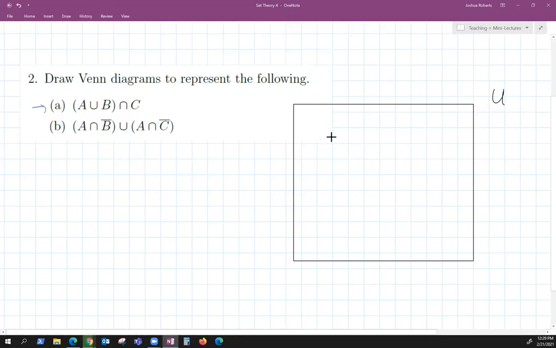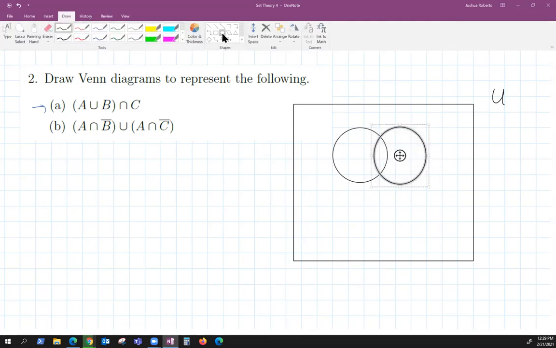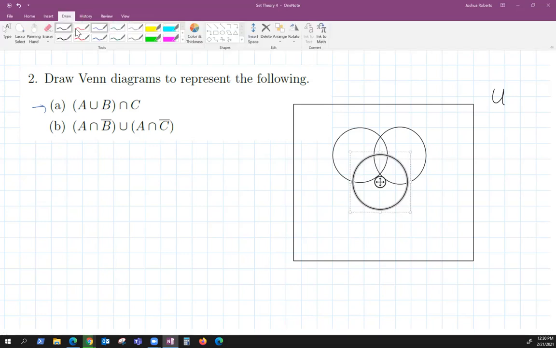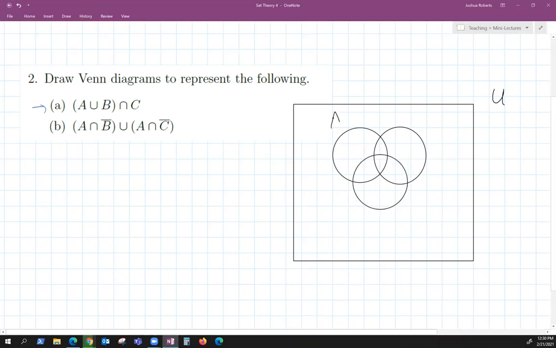So there's A, there's B, and here is C. Okay, there's my 3 sets, A, B, and C.